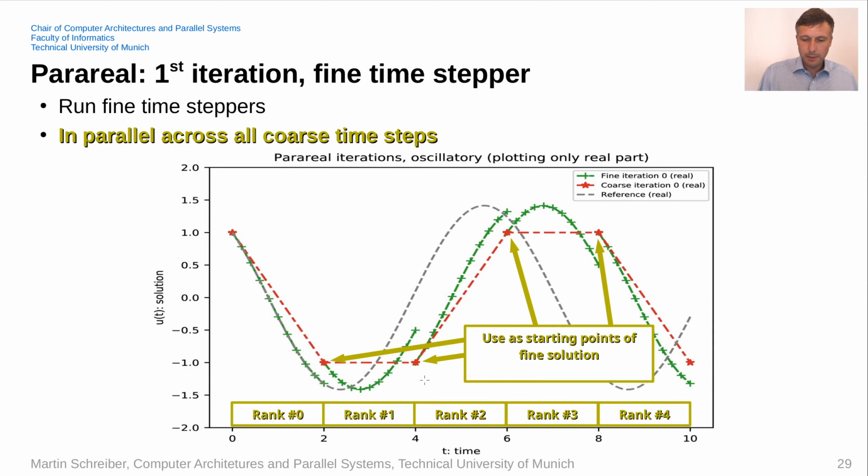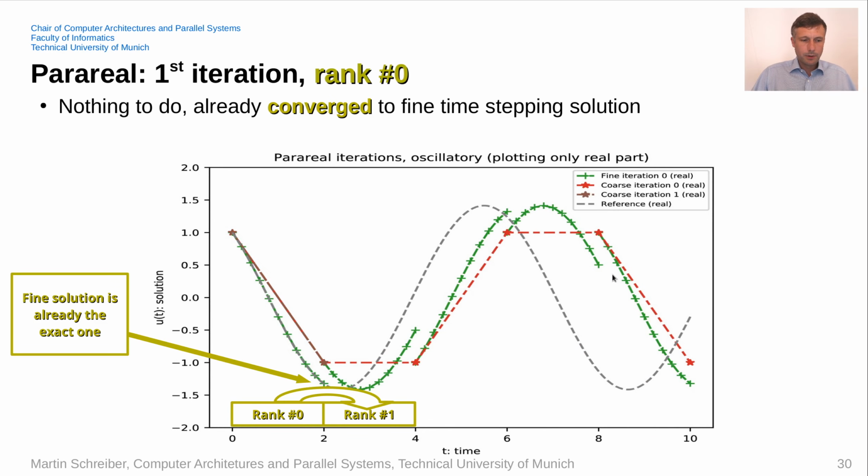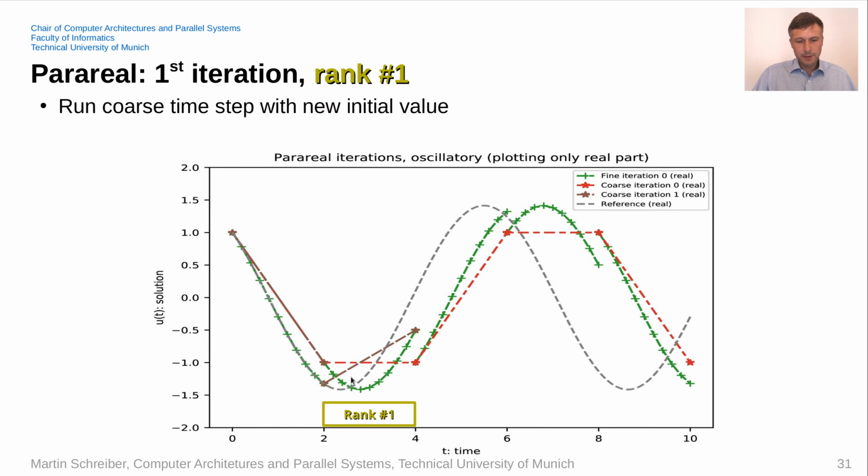And the same happens with the next rank here, where you take that coarse time step as a good approximation for the fine time stepping here, and the same happens here, and so on and so forth. And then you use an iterative scheme for that, where you hope that step by step, as you propagate the solution here, you get the exact solution here, since that's now converged.